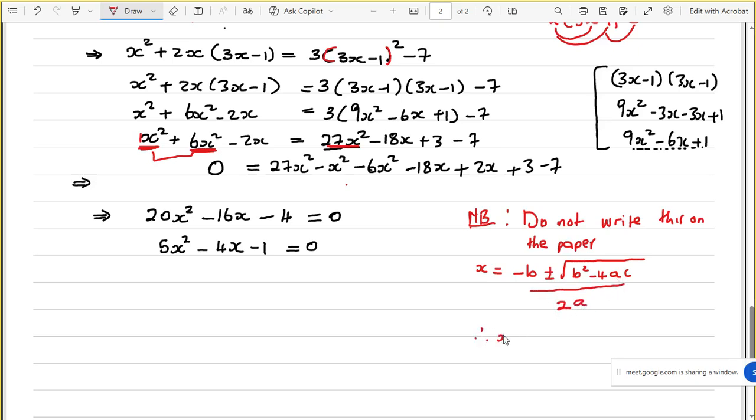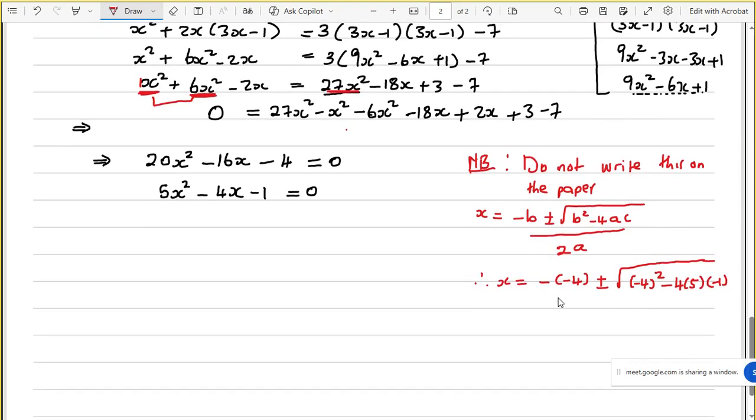Therefore, x is minus b, which is minus 4, minus 4 plus or minus the root of b squared minus 4 into a, which is 5, times c, which is minus 1, and then close the bracket, divide everything by 2 into a, which is 5. Can someone please assist? I know that someone is already waiting with the answer. What is the answer, guys?